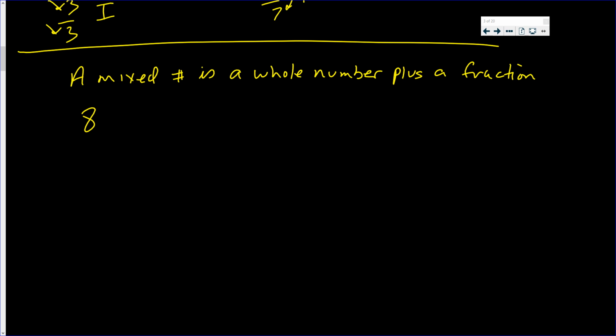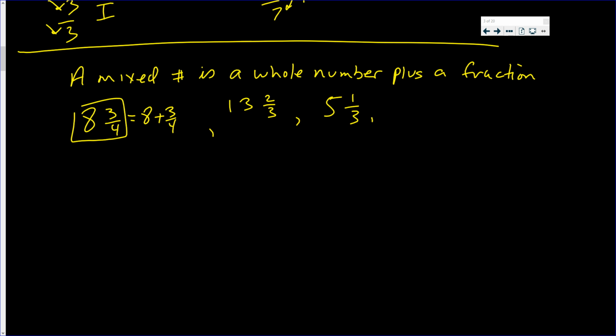Like 8 3/4. That really means 8 plus 3/4. This is their short notation. 13 and, let's get rid of that division line, 13 2/3. That is a mixed number.